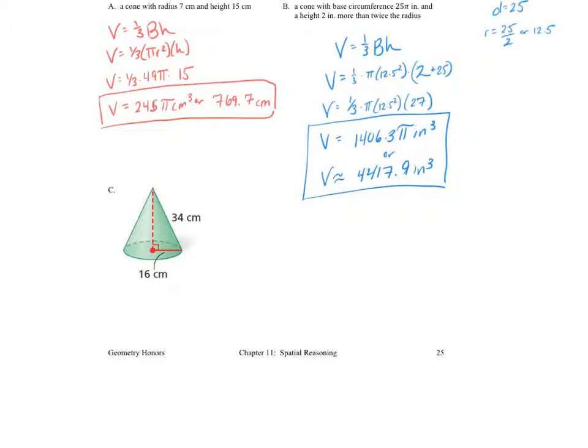Okay, here we don't have the height. We can use the Pythagorean theorem to find the height. So that's what I'm going to start with. a squared plus b squared equals c squared. 34 is the hypotenuse, so I have 16 squared plus, we'll call it the height squared because we don't know what that is, equal to 34 squared.